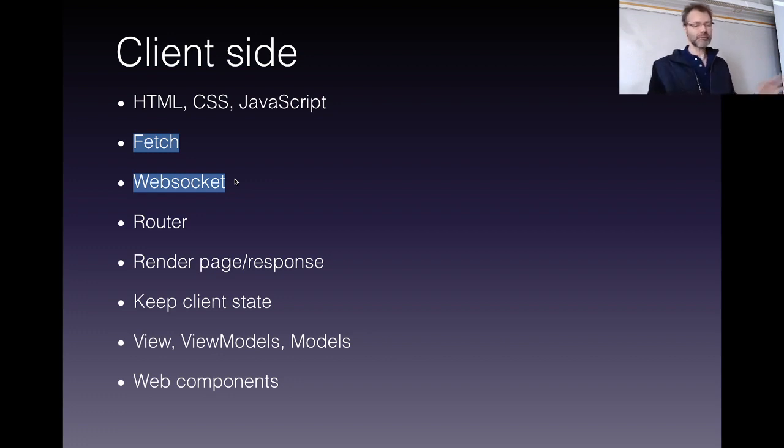Okay. But we are still on the client side. If we want to do a big client-side application, we also need to have a router on the client side. We need to route clicks locally in the browser without actually going to the web server.